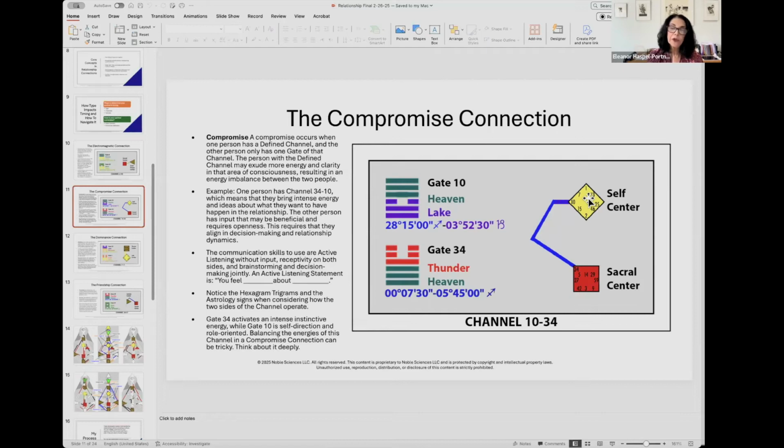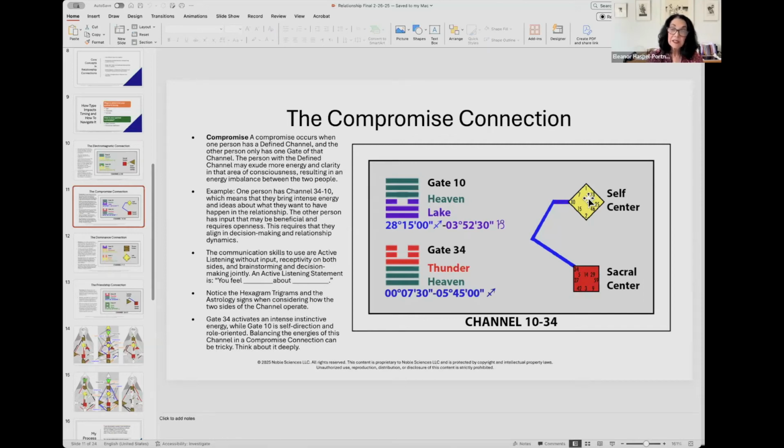The 34th gate has a strong energy, and the 10th gate has some self-direction and wants to play a role. So in this instance, I recommend rather strongly that you use a communication tool called active listening.